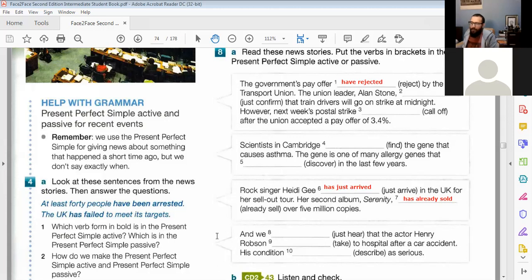Let's see the last one. Okay. And we have just heard that the actor Henry Robson has taken to the hospital after a car accident.